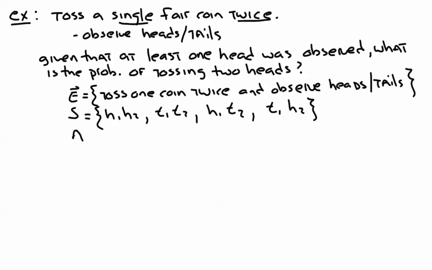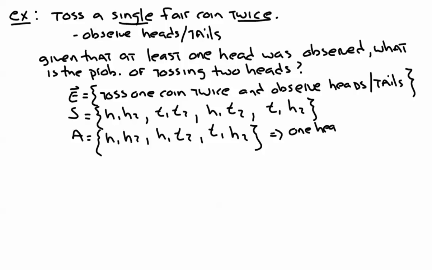Event A is the event that we get at least one head in two tries: head one, head two; head one, tail two; tail one, head two. One head in two tosses.